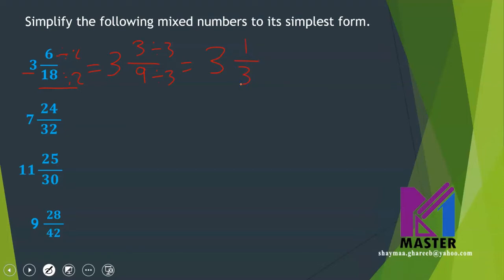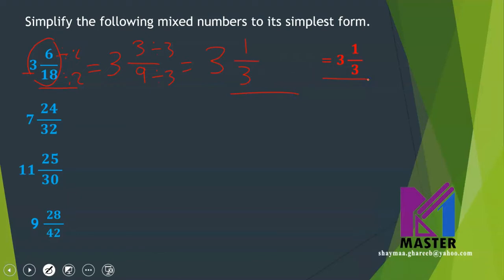Can I divide the fraction part one more time? No. Then this is our simplest form. So 3 and 6 over 18 in the simplest form will be, yes, 3 and 1/3.